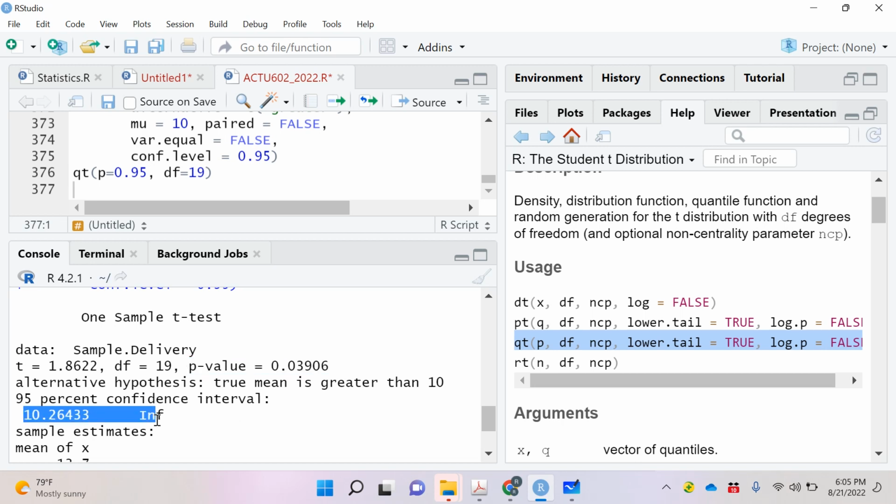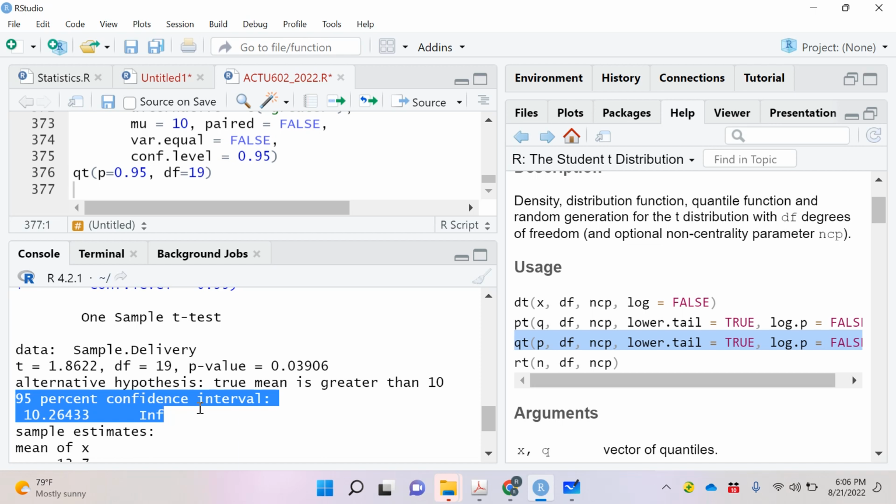And then also this one. We also have a 95% confidence interval. Here, we are checking whether our interval encloses the population parameter. The population parameter is 10 minutes. So you check, does our interval enclose 10 minutes? This one starts from 10.26 to infinity.